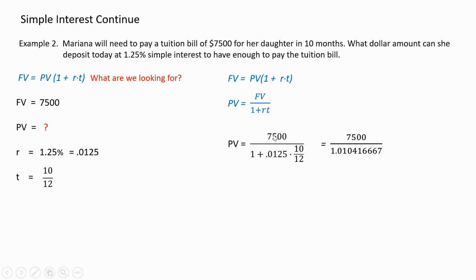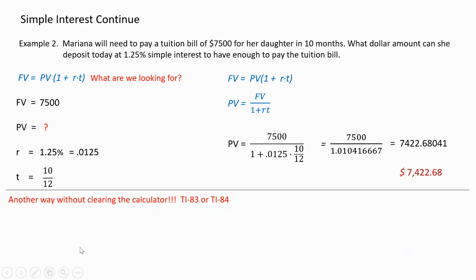It's best to leave the numerator as it is and do everything for the denominator. You put in the calculator 1 plus 0.0125 times 10 divided by 12, and it gives us 1.01041667. Now we divide, and it gives us $7,422.68.